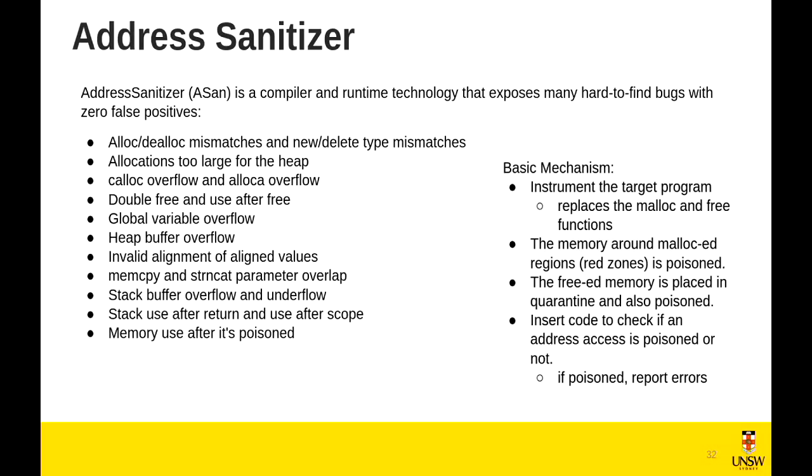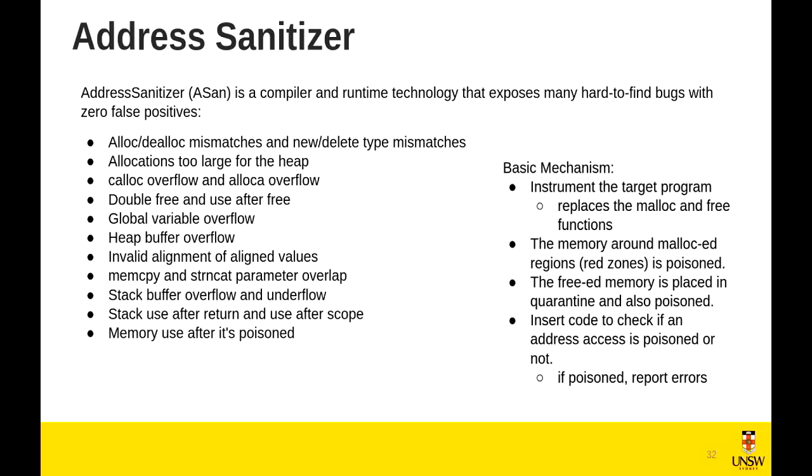You can imagine this will incur extra memory cost, but it actually helps to capture the errors very accurately. We will see that later. And the freed memory is placed in quarantine and also poisoned. So whenever we try to access a piece of freed memory, we will end up in an error again.